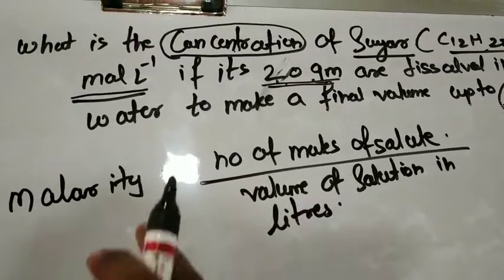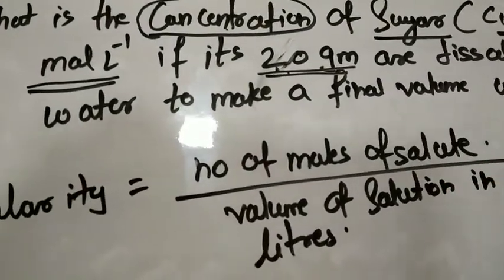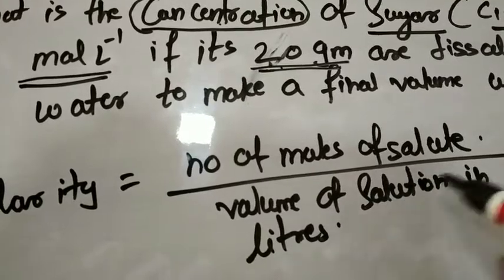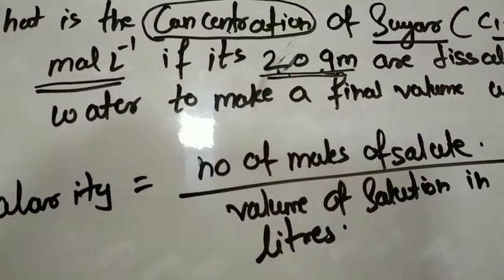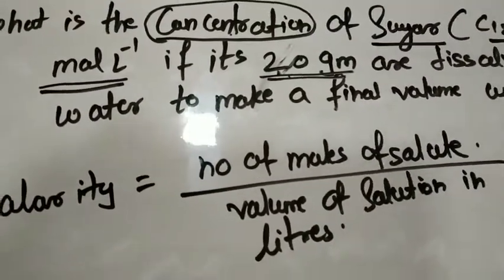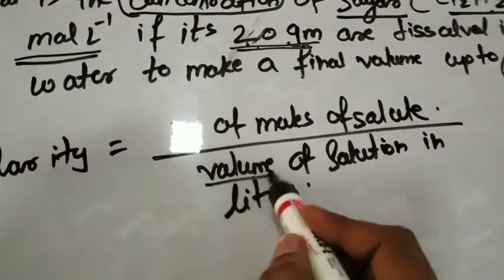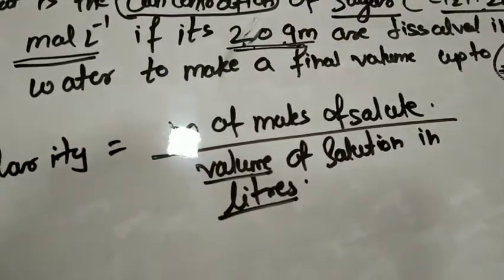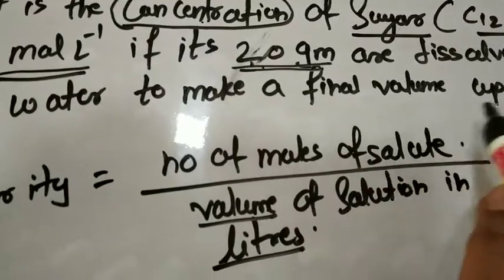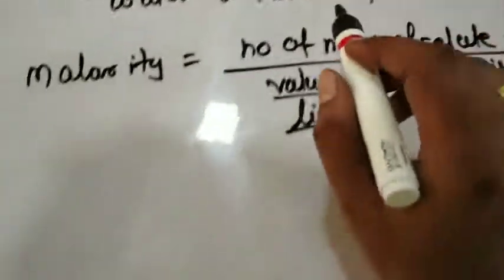Okay, molarity is equals to number of moles of a solute divided by volume of solution in liters. Okay, so whenever we calculate the volume, we are going to consider the volume in a liter. Remember this, and number of moles of a solute. Okay, now let's do the calculation.